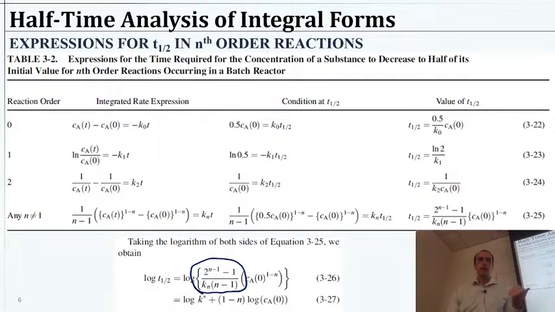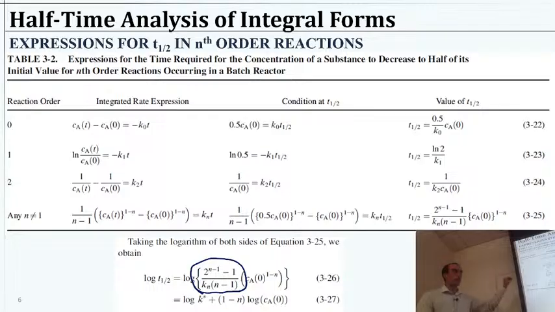Because what's in there is 2 to the n minus 1 power, so that's just 2 to something about the reaction order, divided by the rate constant that we're dealing with. Okay, so sorry, 2 to the n minus 1 minus 1, all that divided by k that we're interested in times n minus 1. All of that in there has information about the reaction order and the kinetic parameter that we're after. That's all that's in there. So we can call that just k star for the moment.